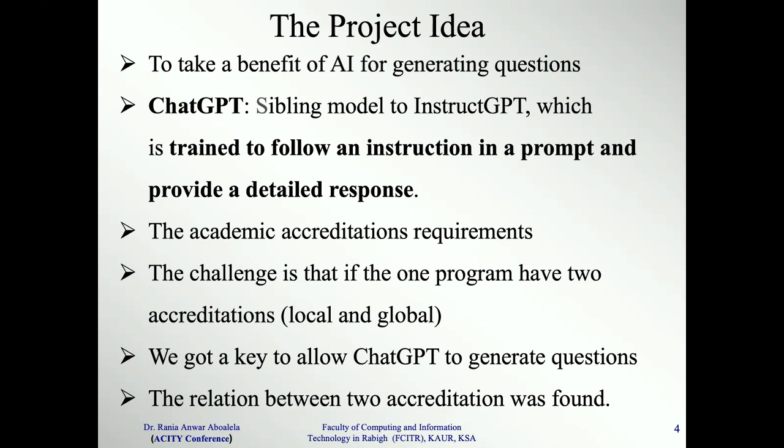And now it's required from the government to obtain a local accreditation, which is NCAAA. I got a key to align between the two accreditations so that we can follow the requirements of both and obtain both of them.